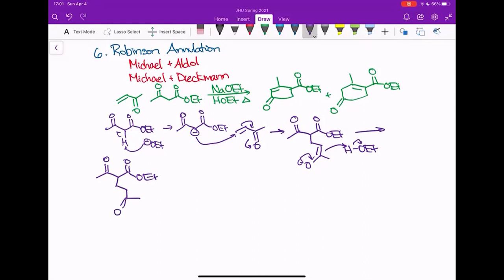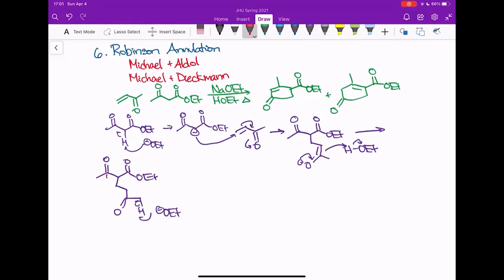From this step, we want to do your aldol. This one will be more of a Dieckmann because it's intramolecular. So another equivalent of your base is going to come in to deprotonate. The reason why I'm choosing this end is because my goal is to form that 6-membered ring.